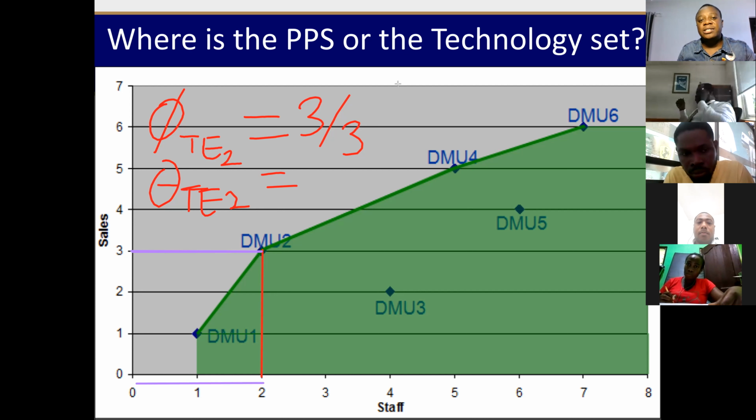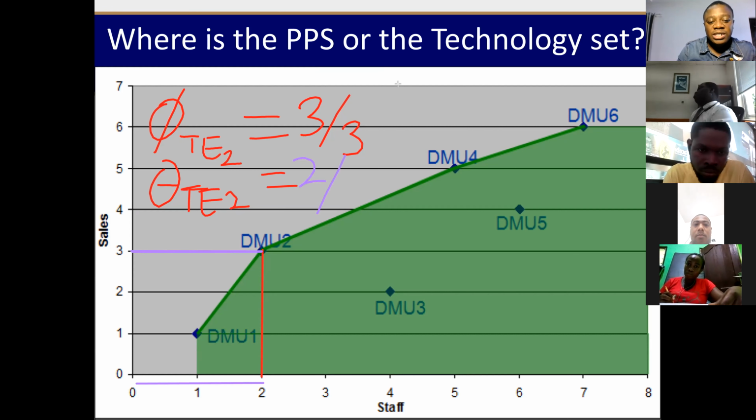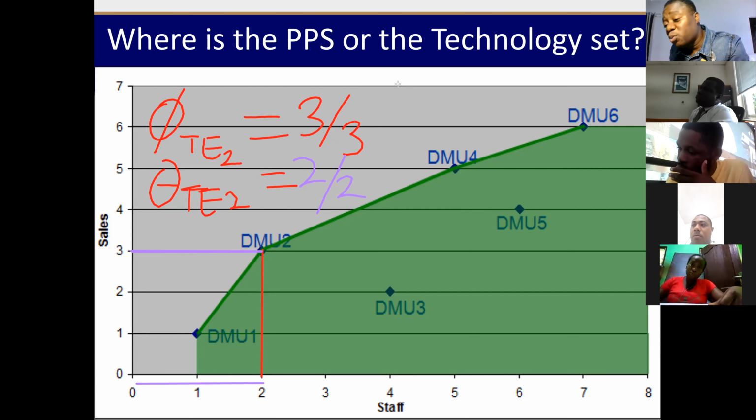And if you do that correctly, you are going to see that the distance to the firm will be 2, divided by the distance from the origin to the frontier, which will also be 2. So the input technical efficiency is 2/2, which is 1.